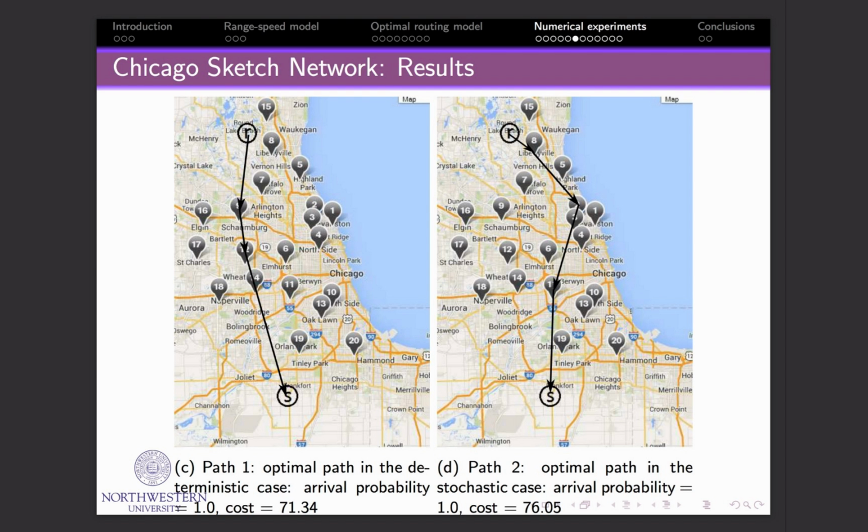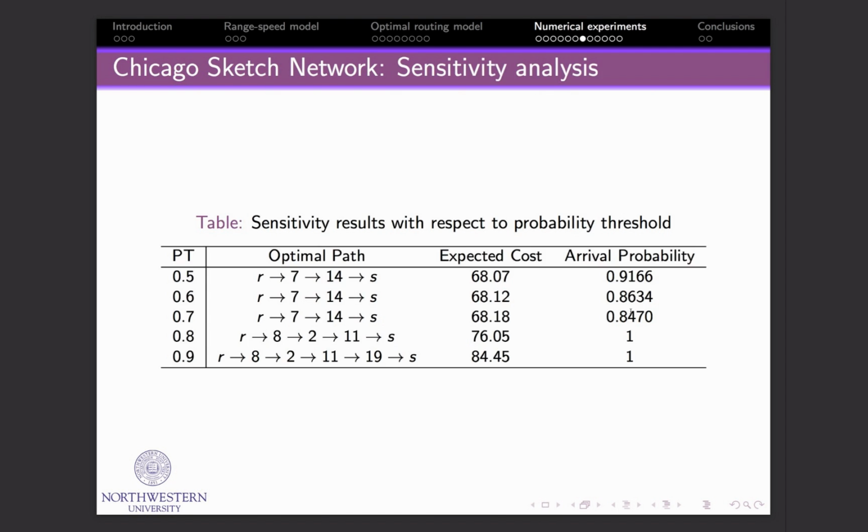So this example again confirms the importance of considering uncertainty. We also examine the sensitivity of the optimal refueling paths with respect to different parameter settings. The first table is sensitivity results with respect to the probability threshold. The first column is the probability threshold from 0.5 to 0.9. We can see as the probability threshold increases, at first the optimum path does not change, and the expected cost does not change much, but the arrival probability changes.